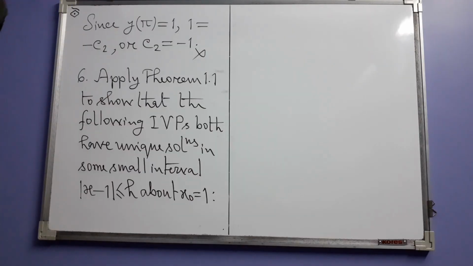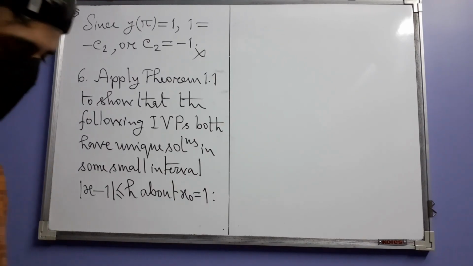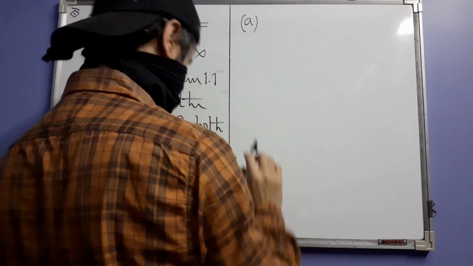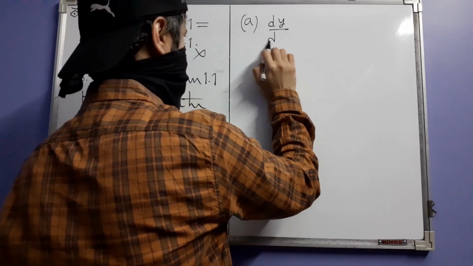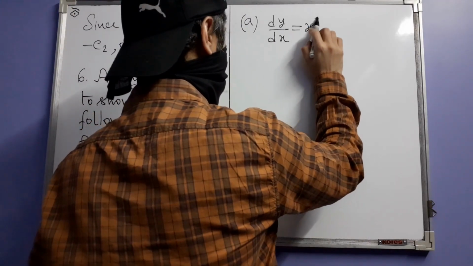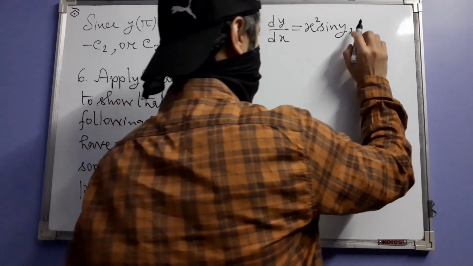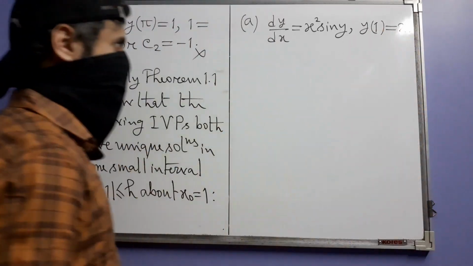There are two of them. A. So the differential equation is this: dy dx equals x square sine y, and the initial condition is y of 1 equal to 2.